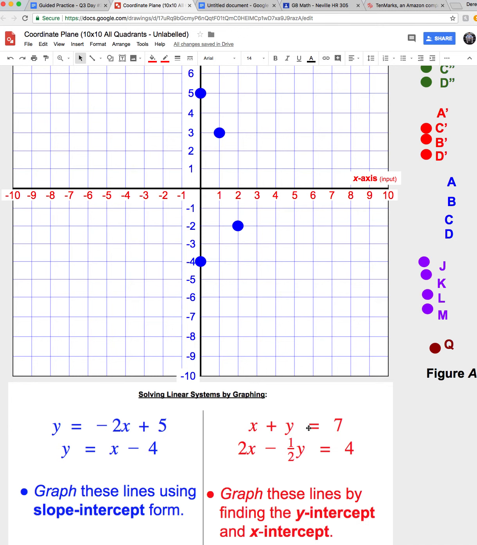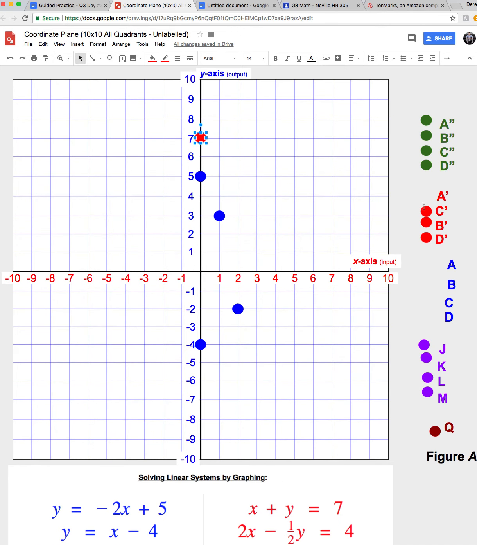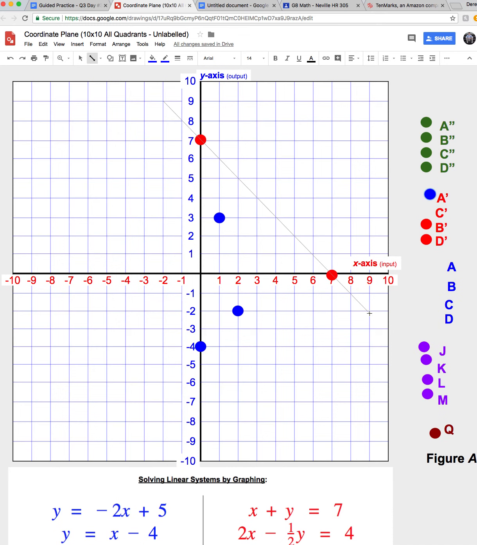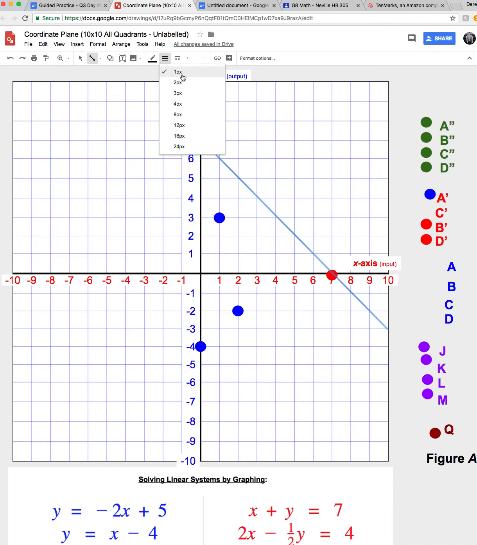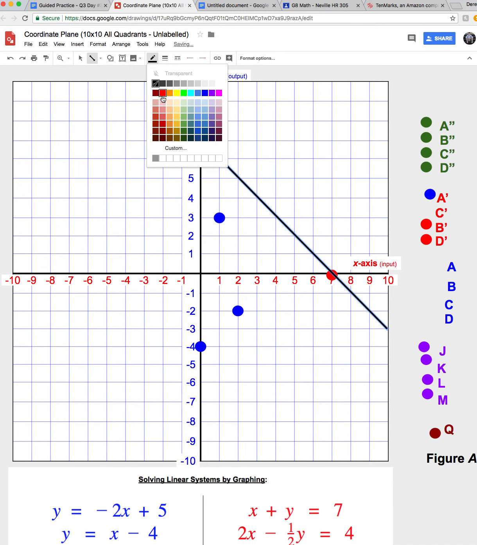I plot that point, and we would go ahead and make a line that connects those two dots. And now we've graphed that first line, even though it was not in slope-intercept form, by just finding 2 points.